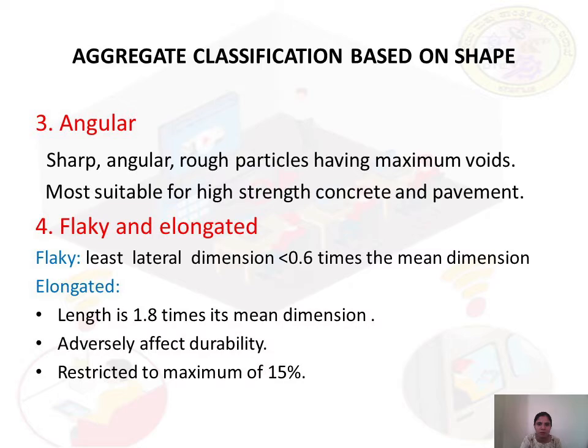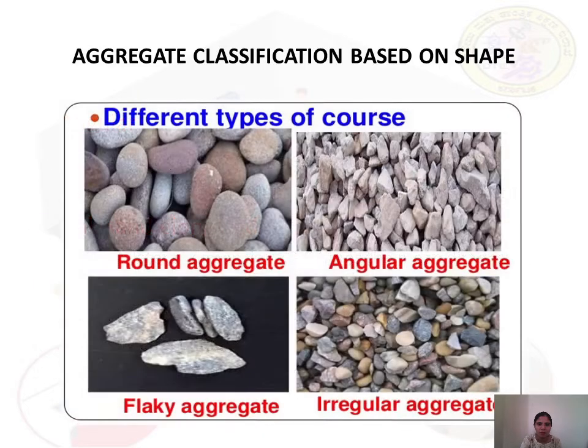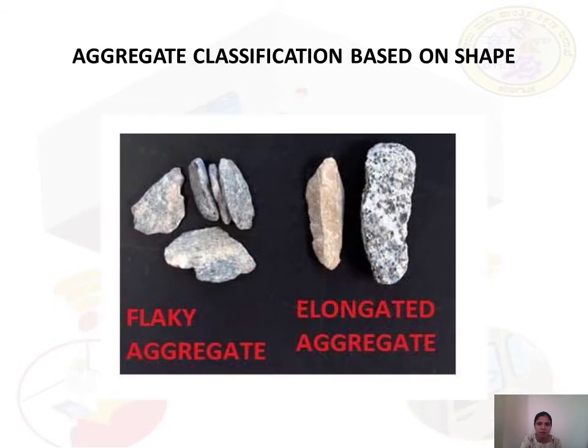There is some difference between flaky and elongated aggregates. Flaky aggregates are defined as those whose least lateral dimension is less than 0.6 times the mean dimension. You can see here in the sketches the flaky aggregates are lengthwise more.